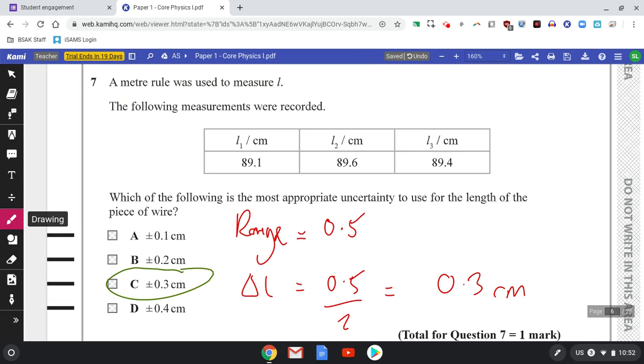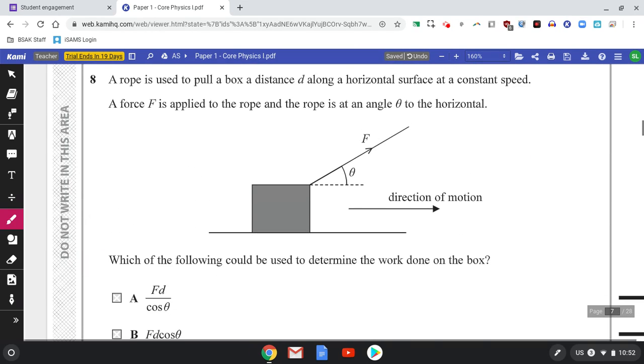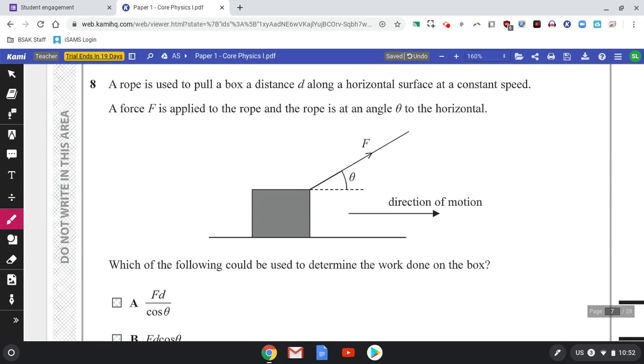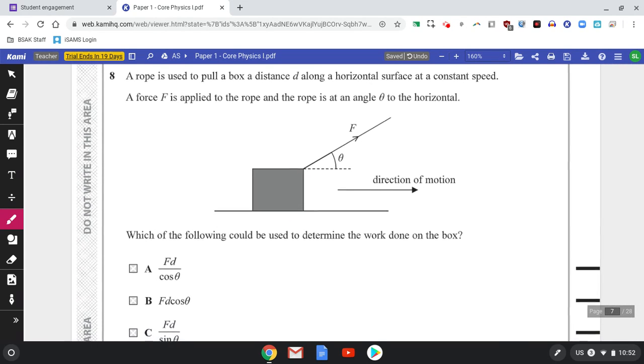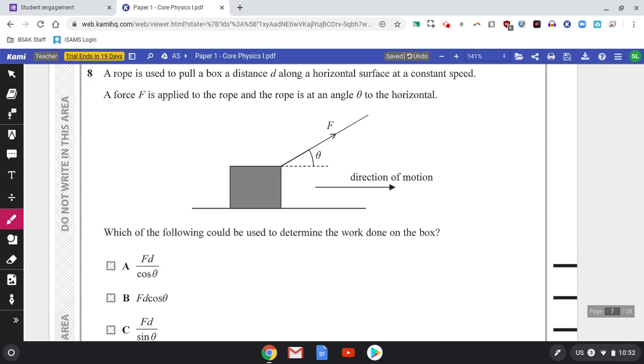Last but not least, question 8, even the multiple choice at least. This is marks in the bag. You should be able to see that if we've got the force at an angle, but it's actually moving horizontally, then the component of the force that's in the same direction as the motion is this one here.